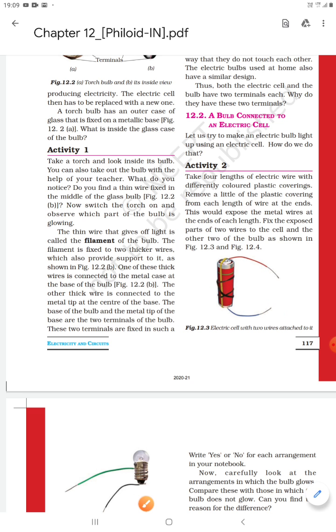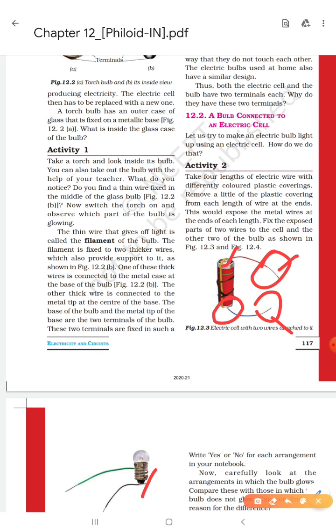So you have to fix the exposed parts of two wires to the cell and the other two to the bulb. You can see here, like this.